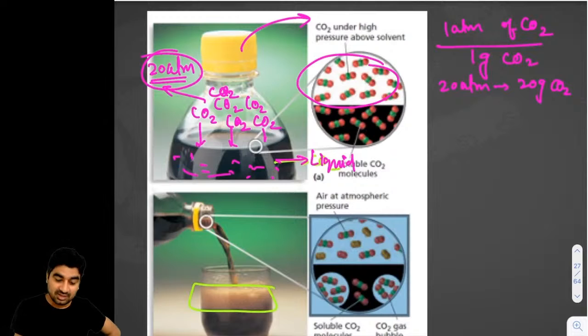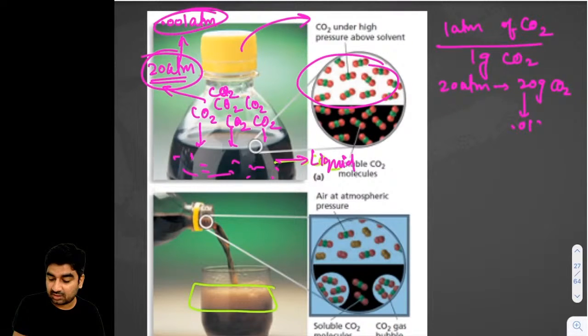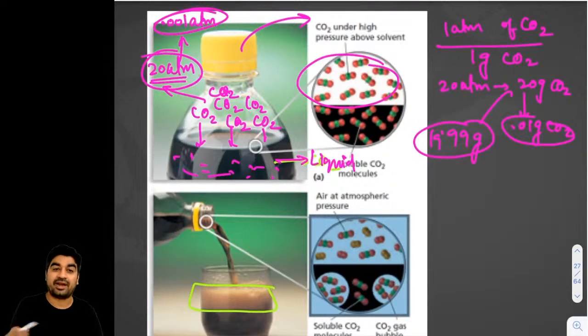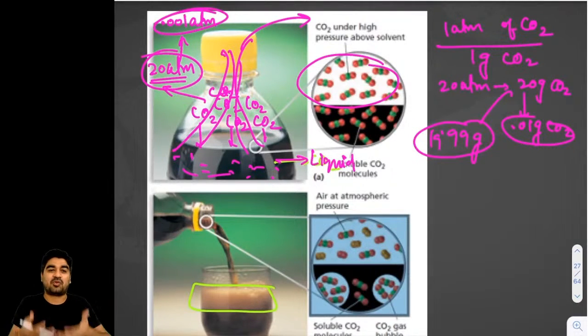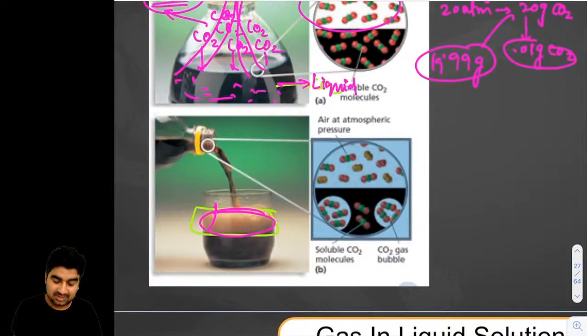Once I open the cork, the pressure reduces from 20 atm to 0.01 atm, because in the atmosphere only a tiny fraction of CO2 is there. Almost, I'm taking some rough data. So instead of 20 gram, 0.01 gram will be left. 19.99 gram will go to the atmosphere. And once this CO2 gas escapes, it will take some water molecules along with it. And when it takes water molecules, these bubbles are formed.